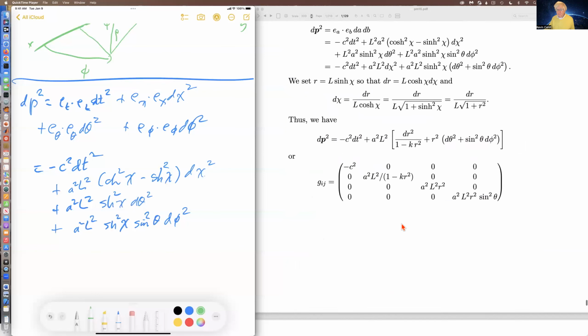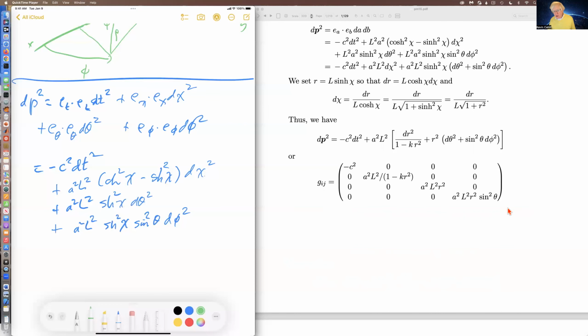And well, this is the Robertson-Walker metric, in which instead of a, I have a times L, but a is just the basic size of the universe, so either way, they're equivalent expressions.